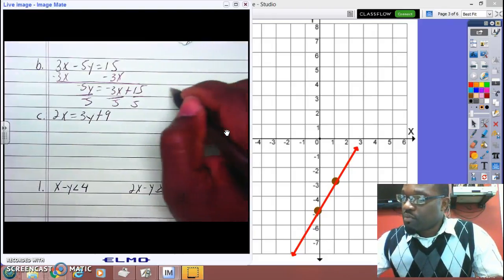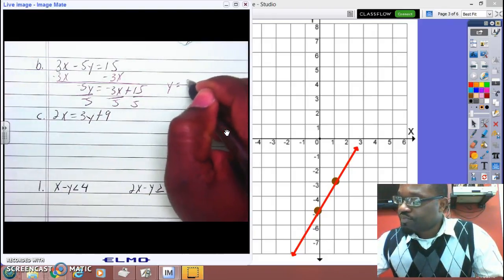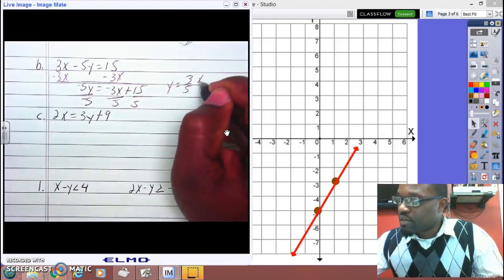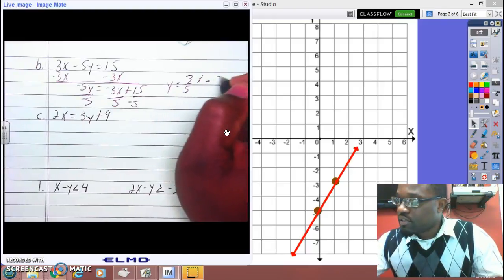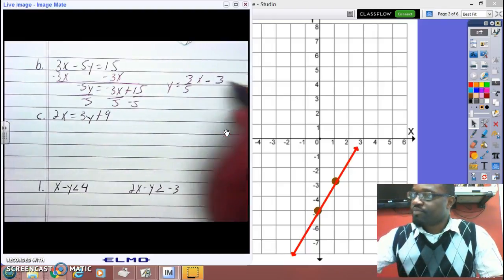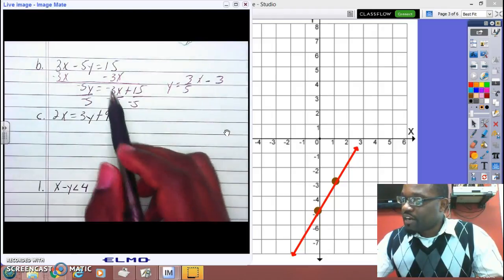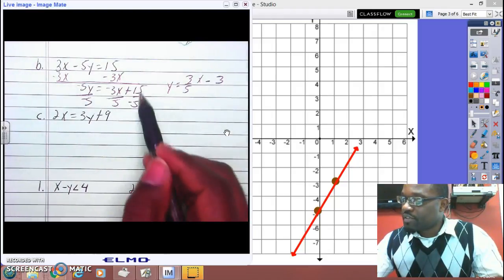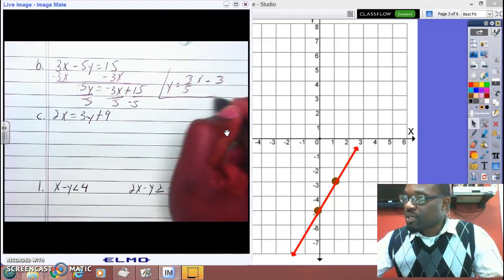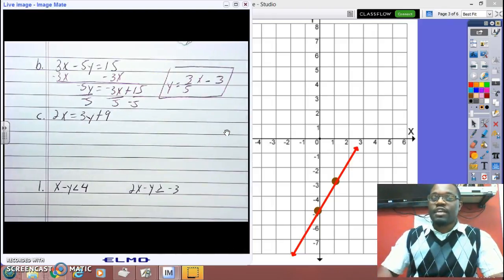And so you get y equals 3/5 x minus 3. Because you're dividing by -5, negative to negative makes a positive. And so this is what I'm actually going to graph, that equation there.